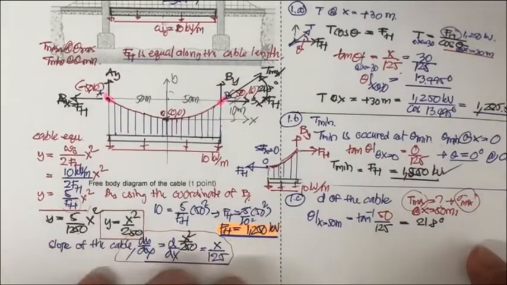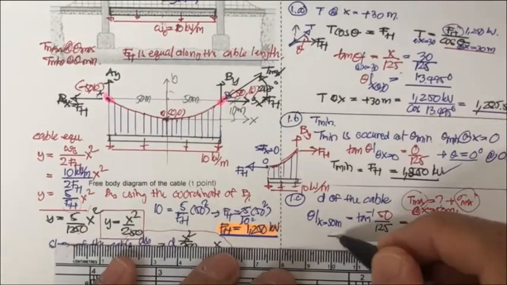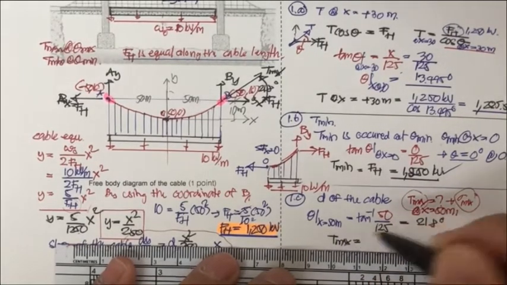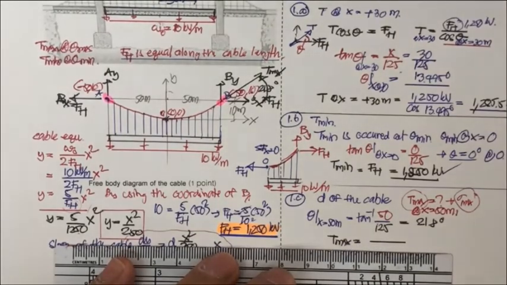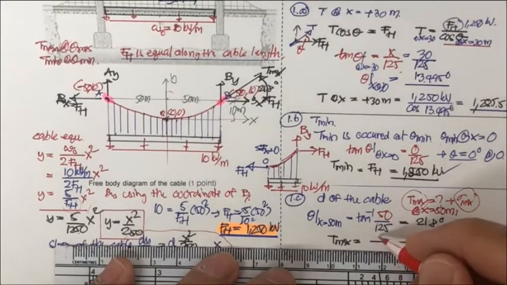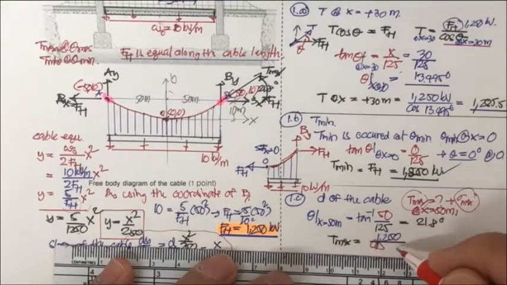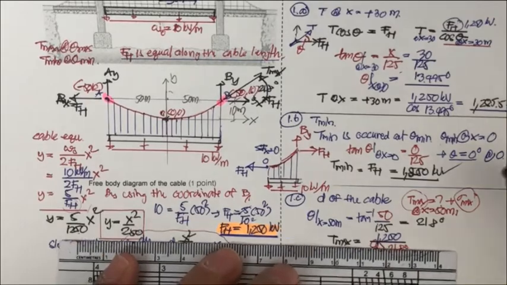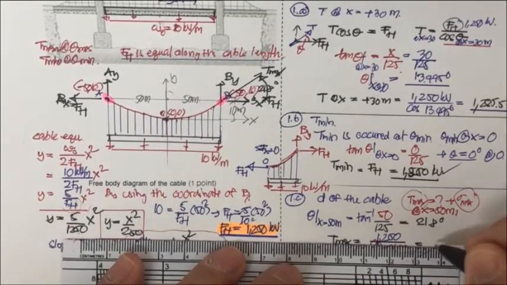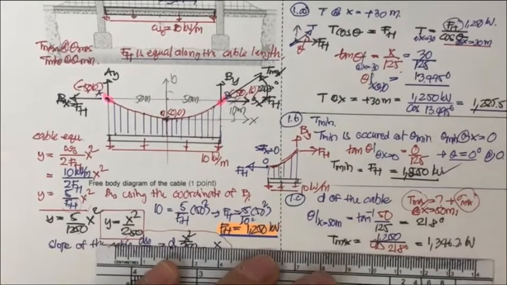So the T max you may put into this equation. The T max is going to be F sub h, which is 1250, divided by cosine of 21.8 degree, and you will get T max equal to 1346.3 kilonewton.